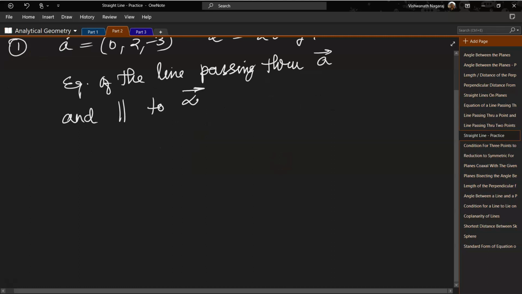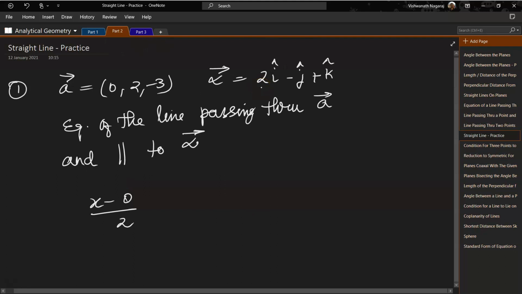Now, if you know the equation, pretty straightforward. You just have to say x minus 0 by 2, right? 2 from here and 0 from the point through which it is passing. y minus 2 by minus 1, z minus minus 3, so z plus 3 by 1.